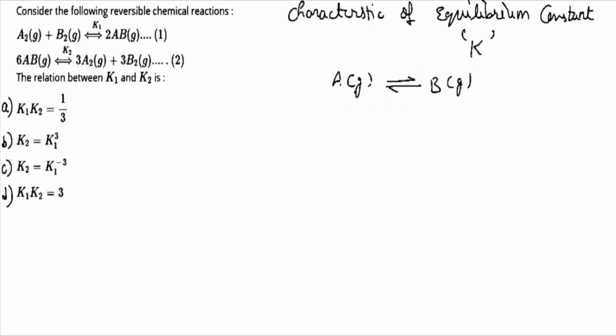If I multiply this whole equation by any number, suppose it is M, then the new equation becomes M A gas in equilibrium with M B gas.